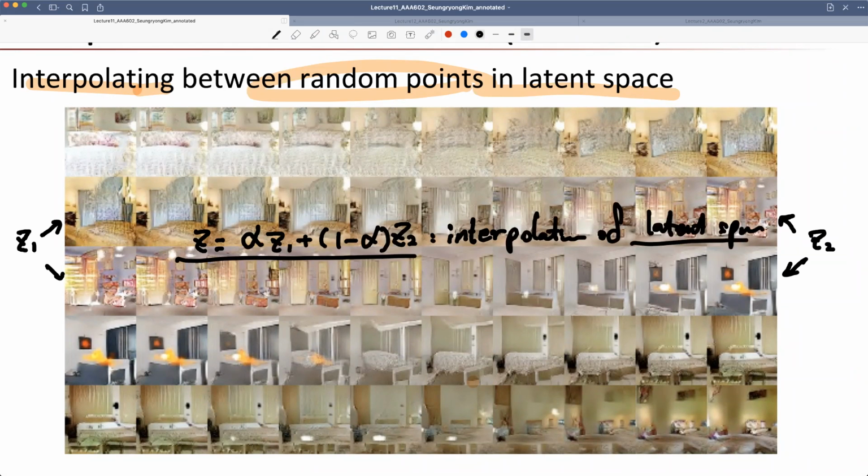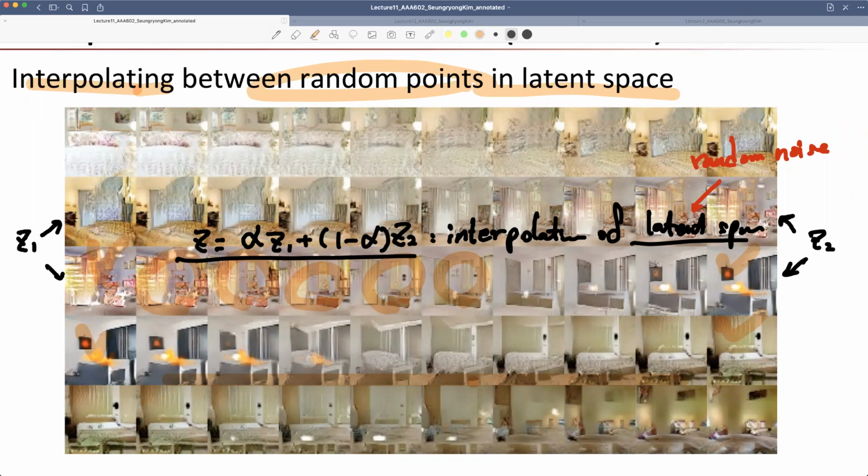Latent space means just the random noise in this case. Then from this new Z, varying the alpha value, we can make an intermediate image between this one and this one, and this one and this one, like this. So by using the trained generator, we can successfully interpolate the latent space Z like this.